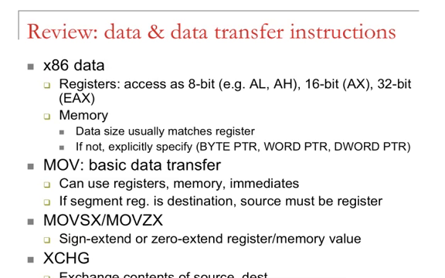MOVSX and MOVZX are two extensions to the simple plain move instruction. One is the sign extension, one is the zero extension. In this case, we're gonna copy the value from a register to another register, or from a memory location to another register, by extending the upper bits.